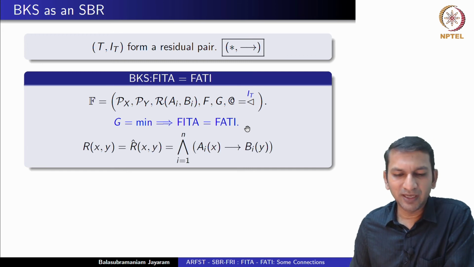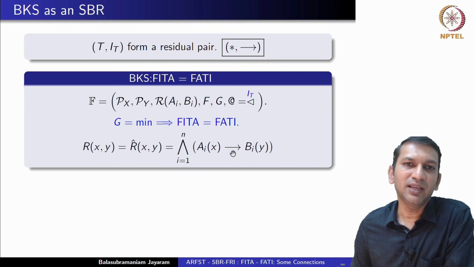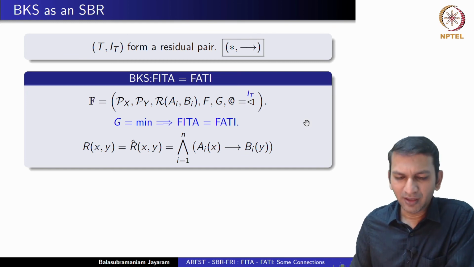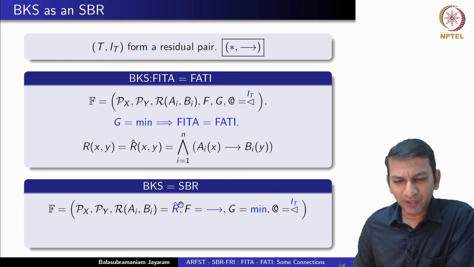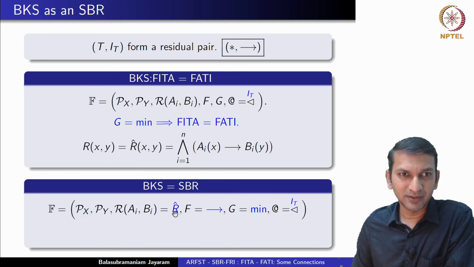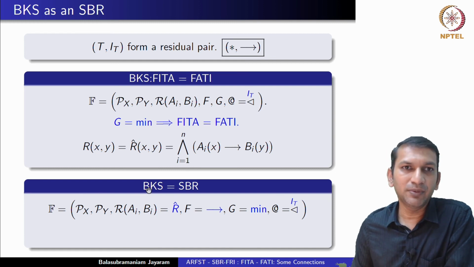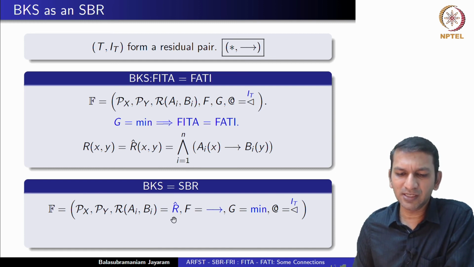Now we have seen immediately that the R cap relation essentially aggregates these relations using the minimum operation. Note that for F, it is using the implication itself. We will see that if we use R cap in the presence of infimum composition, that means in BKS, if you use R cap, essentially it means G is min and F is the corresponding implication.